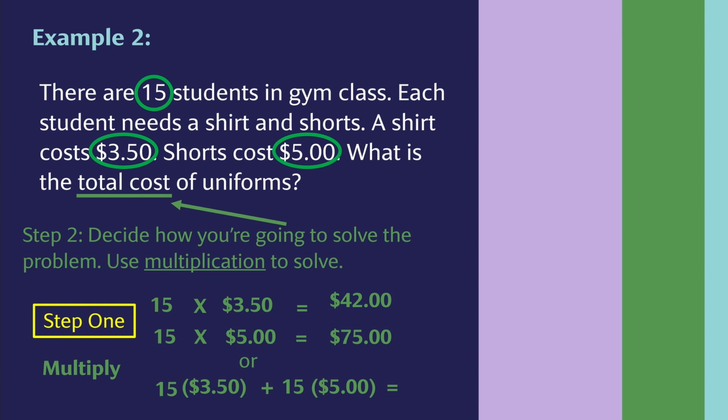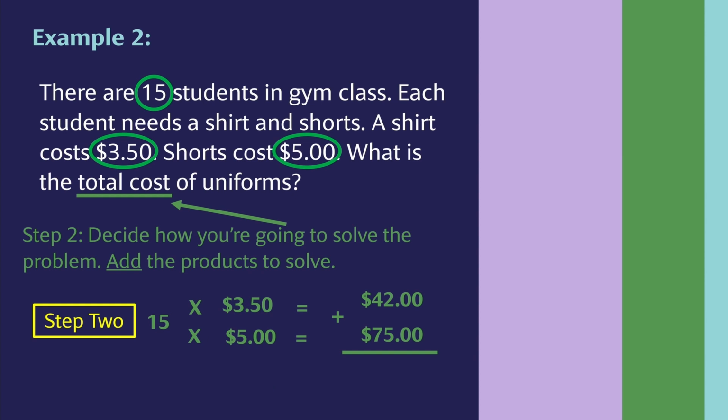Step 2, decide how you're going to solve the problem. Total cost. Use multiplication to solve. Step 1, 15 times $3.50 equals $42. 15 times $5 equals $75. You can also write this problem out like this: 15 parentheses, $3.50 parentheses, plus 15 parentheses, $5 parentheses.